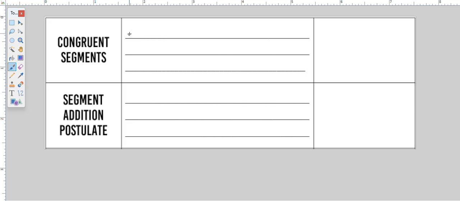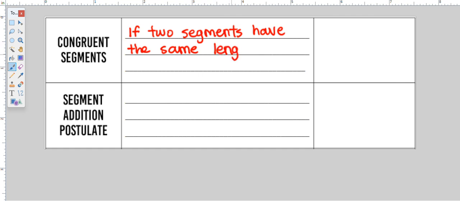So congruent segments occur if two segments, it's in the name, segments, have the same length. Then they are congruent.